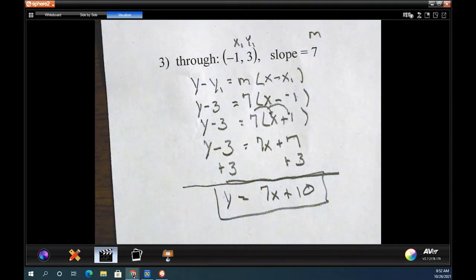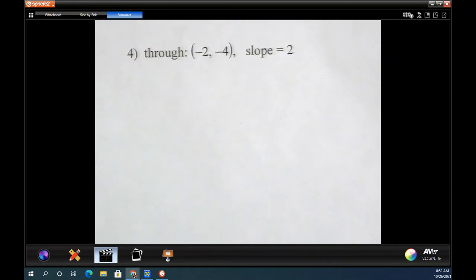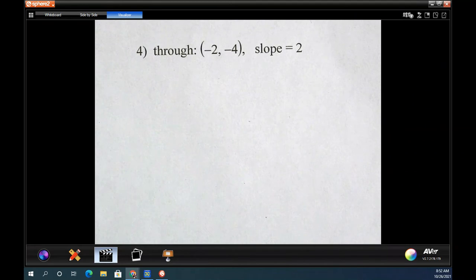Okay. See if you can set up number 4. See if you can set it up. Any questions? Plug and play with the formula.